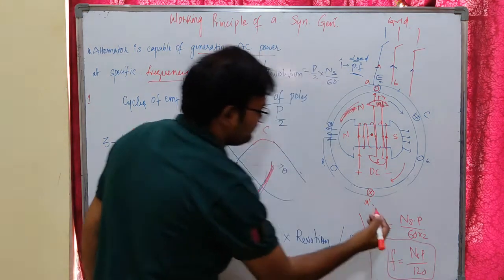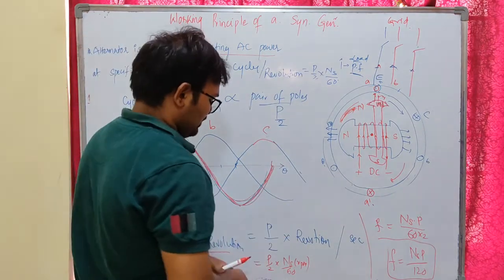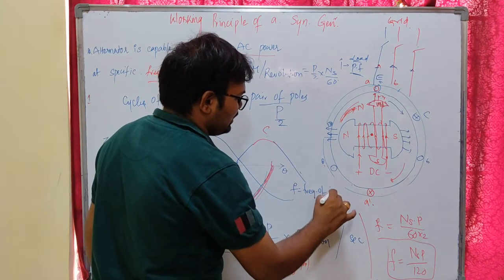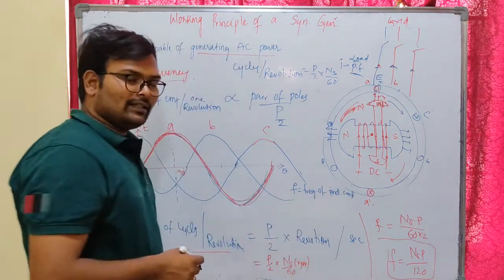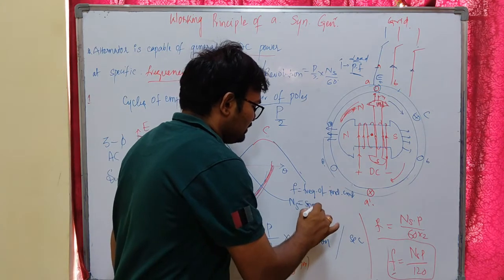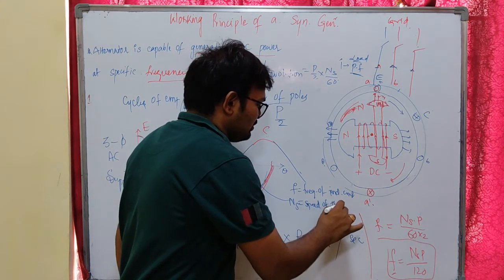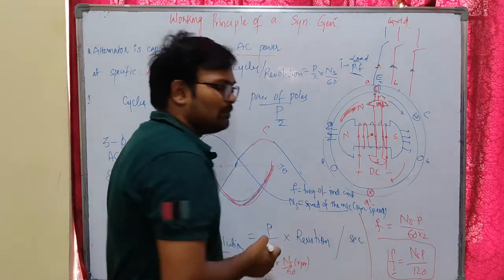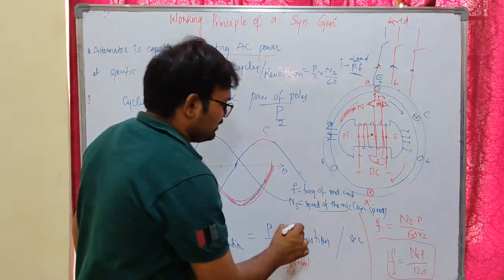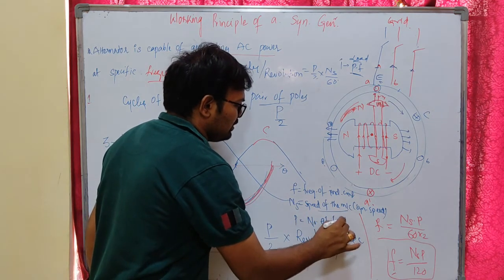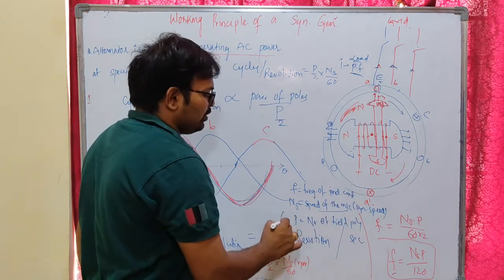This is important, where F is the frequency of the induced EMF and Ns is the speed of the machine, called the synchronous speed. The machine has to rotate at this speed only to generate this EMF. P is the number of field poles. In this case, the number of field poles is 2.